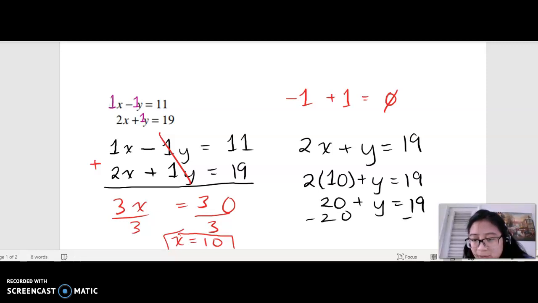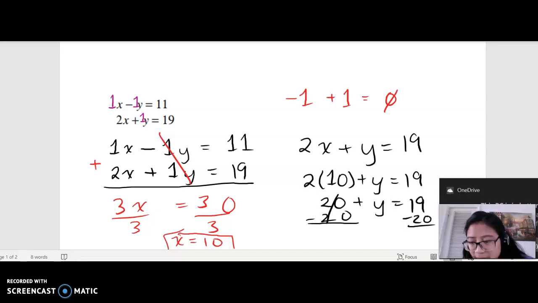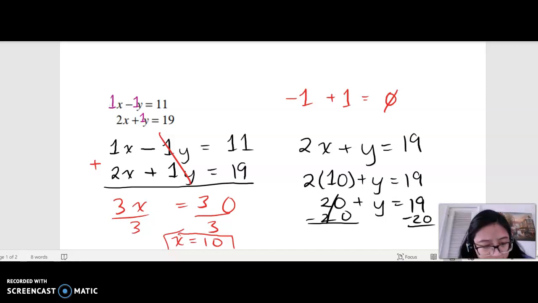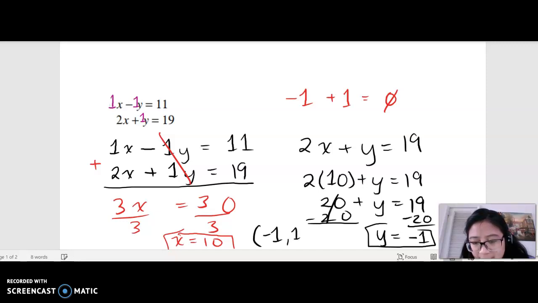Notice how it has a plus sign in front of it, so I'm not going to divide this time. Now over here, this is just going to be 0. Okay, so then y is going to equal negative 1.